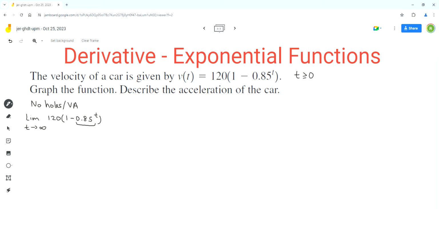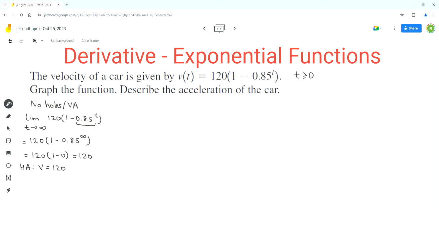So when we apply the limit, 0.85 to the power infinity is 0. And 1 minus 0 is equal to 1, and 120 times 1 is 120. So that means the horizontal asymptote is at v equals 120.